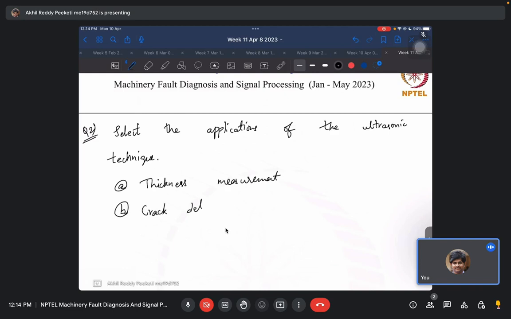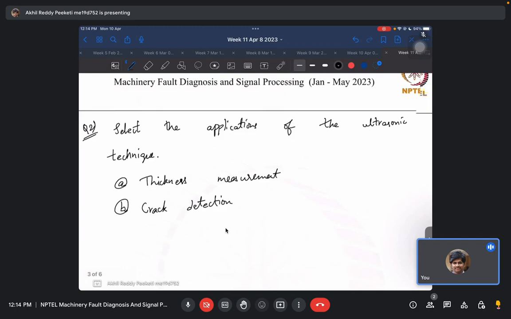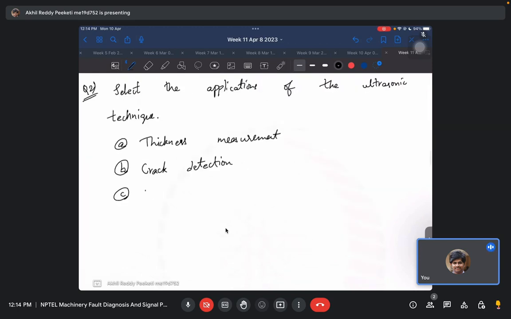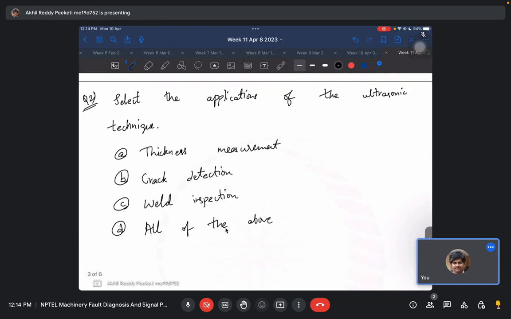It asks for which kind of measurements you can actually use ultrasonic techniques. Can you measure the thickness using ultrasonic technique? Can you detect cracks? Can you inspect the weld job using ultrasonic techniques? You can actually do the thickness measurement. You can also detect the cracks. You can also do the weld inspection. So the answer is all of the above.